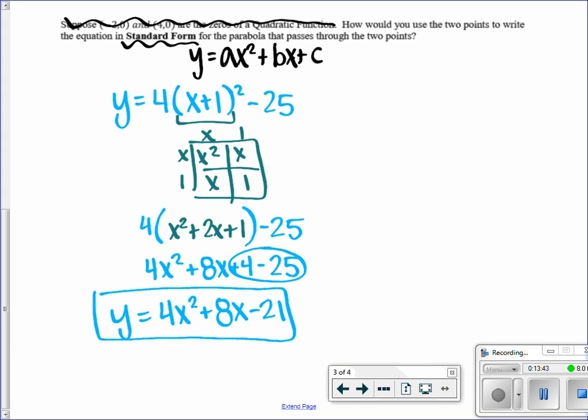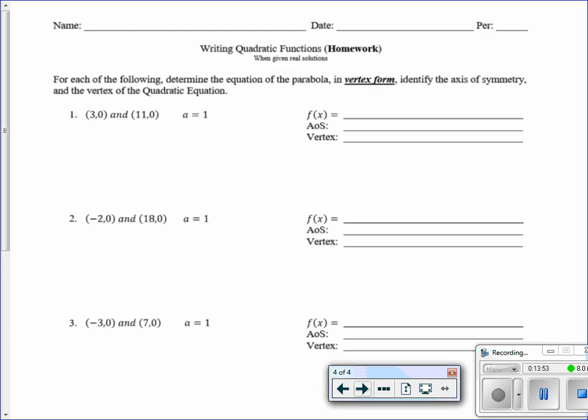Okay, so what you are now working on, you're doing number 6 and number 8 from this page, and then on the next page, the one that says homework. Yes, we're working on it. Yes, it's homework if you don't finish it. But on this one, you are answering all of them, every single part of it.